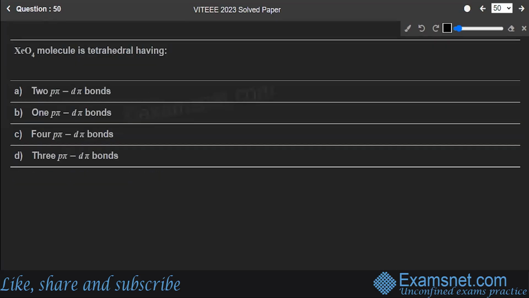Next is question number 50. The XeO4 molecule is tetrahedral, having which of these options? All right. So you have the xenon over here. Xenon undergoes sp3 hybridization.